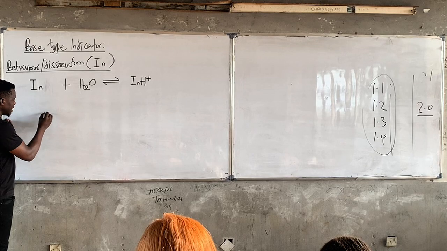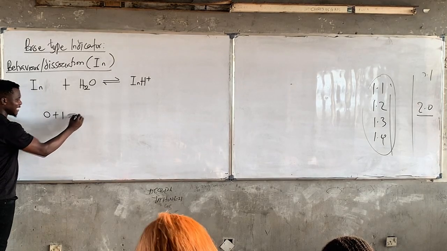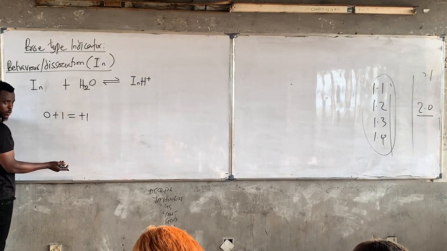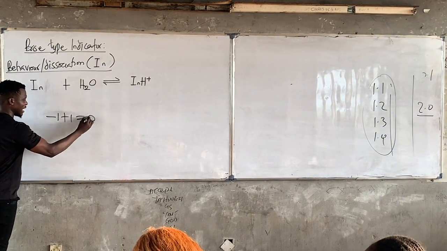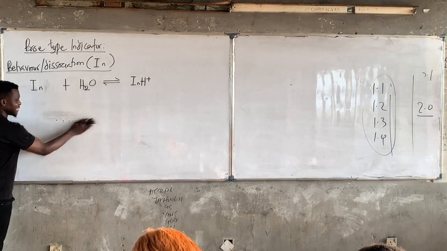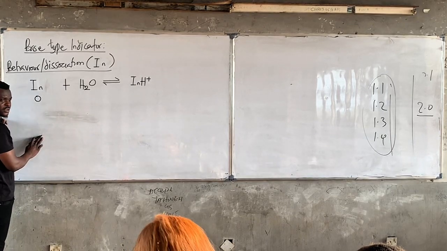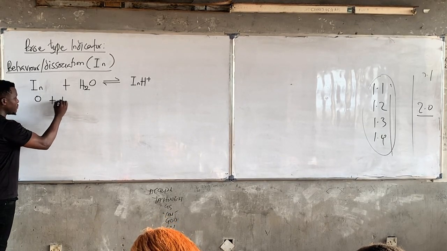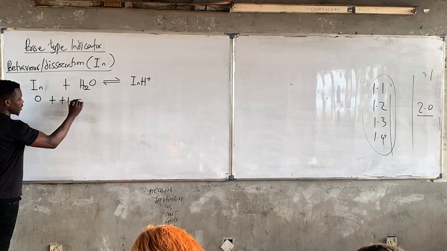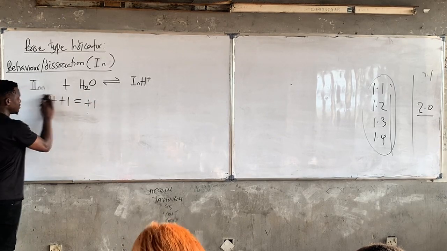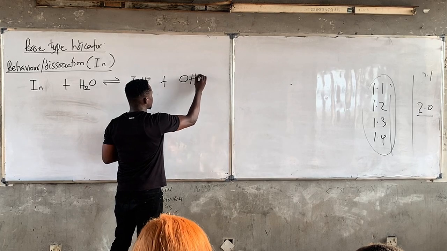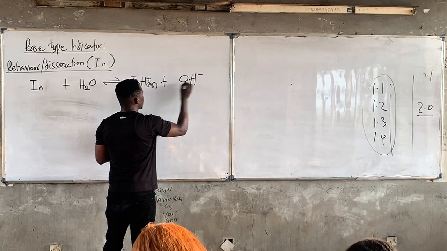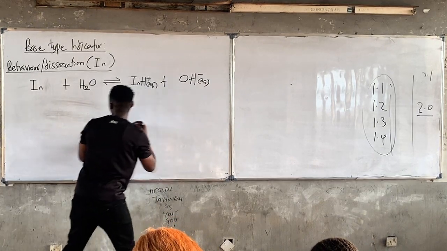Just like 0 plus 1 is plus 1, but minus 1 plus 1 is 0. So this is neutral, seen as 0. The proton has plus 1, so 0 plus 1 is plus 1. That is why we have this plus OH minus, aqueous.